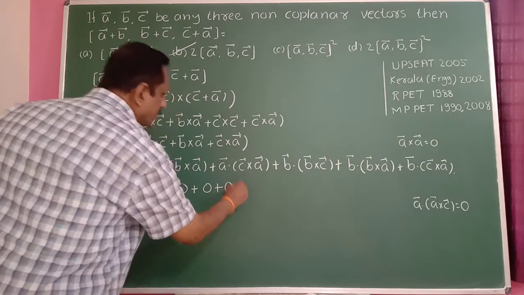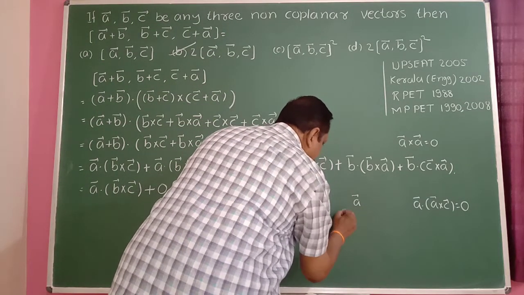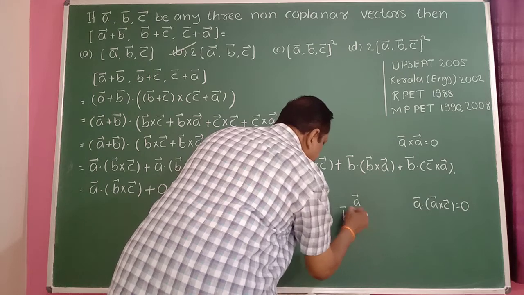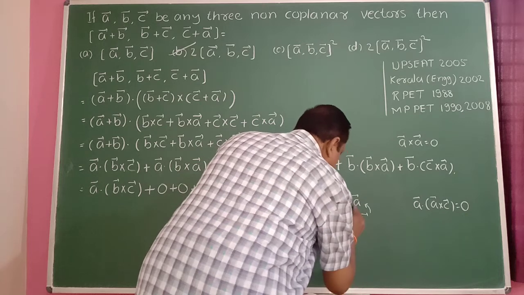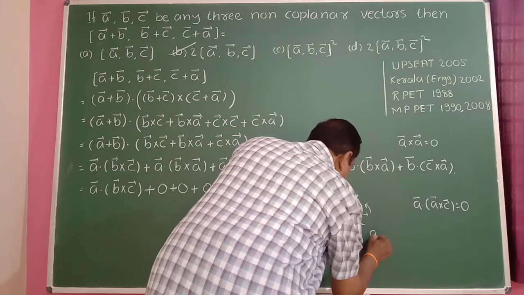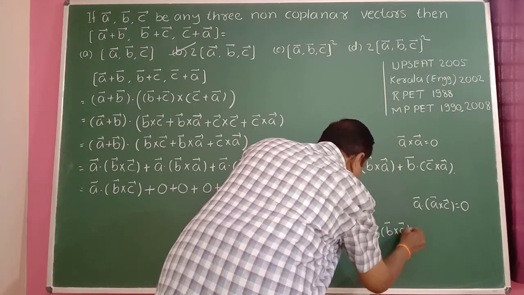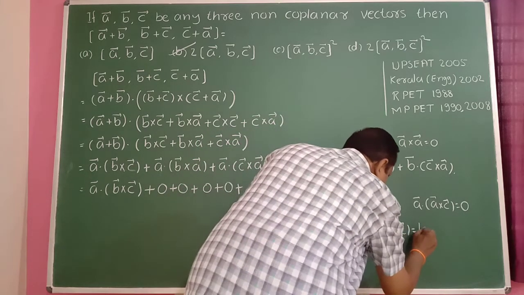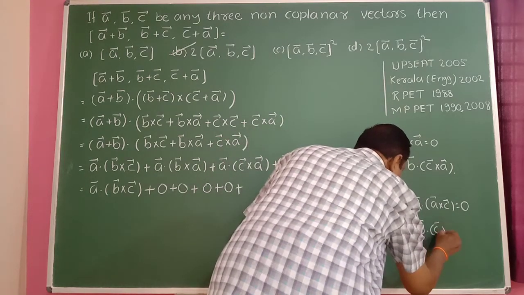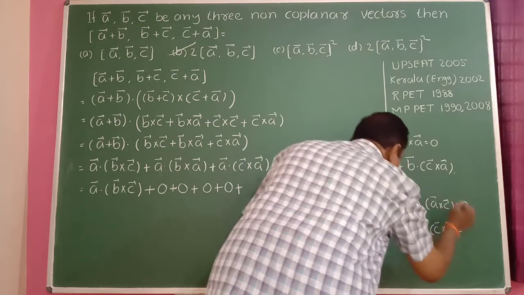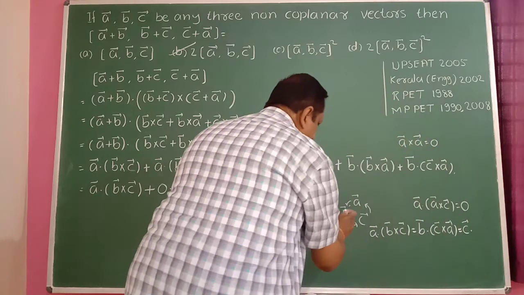Then there is one more property. If a bar, b bar, c bar change in the cyclic order, then the scalar triple product remains the same. That is a bar dot of b bar cross c bar is equal to b bar dot of c bar cross a bar, which is equal to c bar dot of a bar cross b bar.